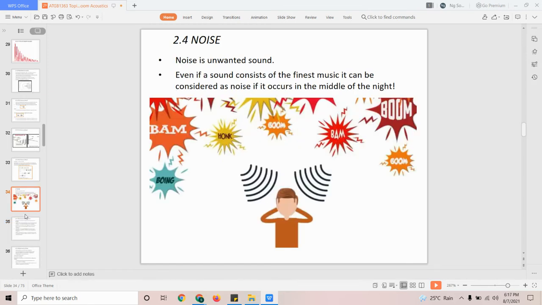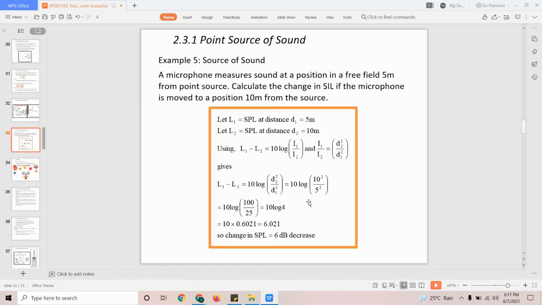Okay, so this shows that when the distance between the original position and the new position is doubled, there is a change of 6 decibels. So let's say the original intensity level measured is 90.